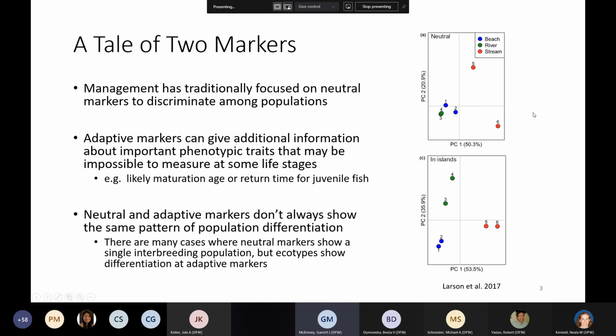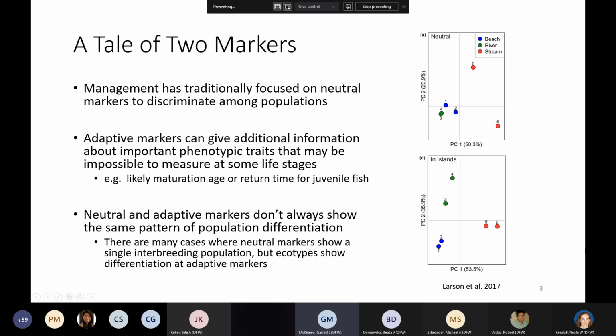When they looked at populations with these different ecotypes, with neutral markers, the beach and the river ecotypes look similar to each other, and the two stream ecotypes are diverged from each other and from the beach and the river fish. Presumably, this is because of genetic drift causing differences among the populations.